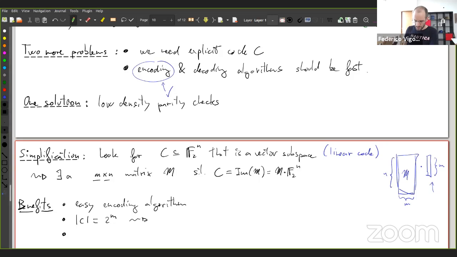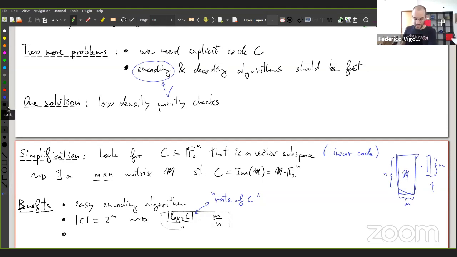And that is the rate that we were looking for, that was log 2 of C over n, which is just equal to m over n. Okay, so it is easy to check the size of such a code. And by the way, this ratio is called the rate of the code. If you want to do some reading on codes, it is actually quite interesting stuff.